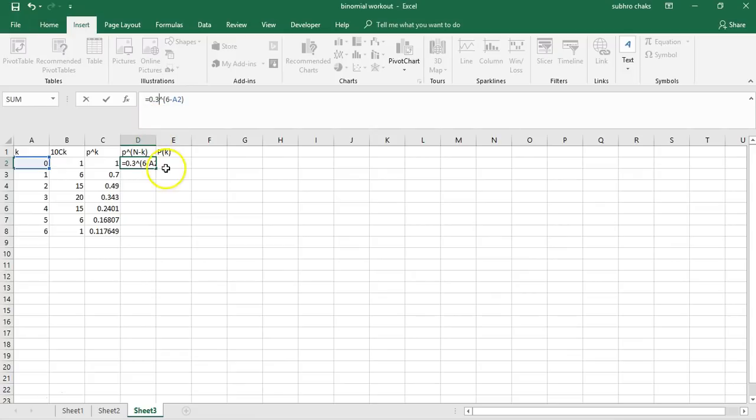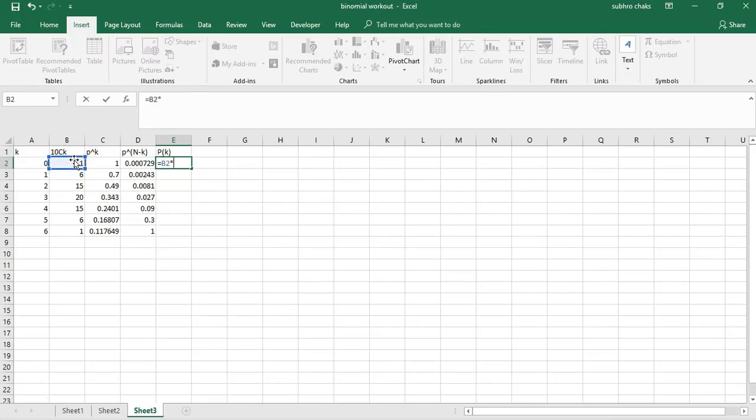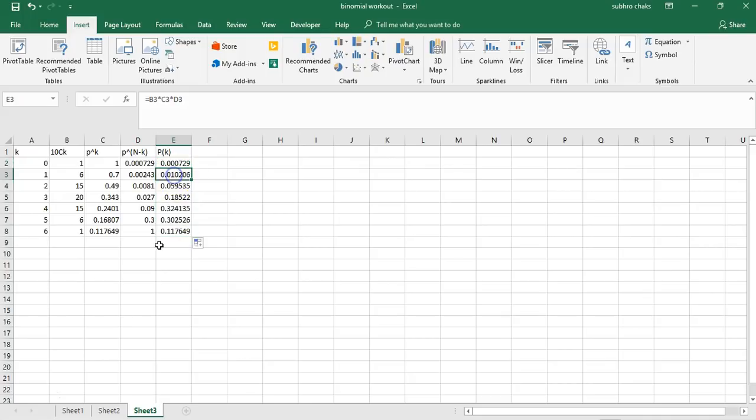So 0.3 to the power 6 minus 0, that is 6. And now if I just copy this formula, I get this. Now I just have to multiply all these things. So this into this into this gives me the probability of 0 matches winning, this is the probability of 1 match winning, this is the probability of 2 matches winning.